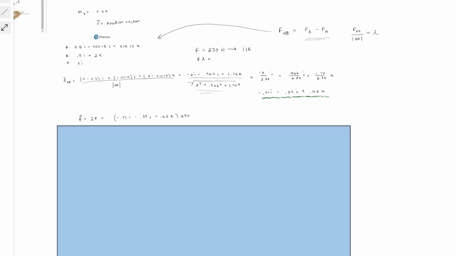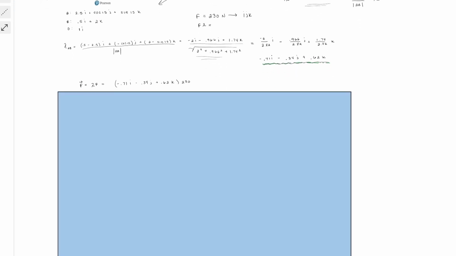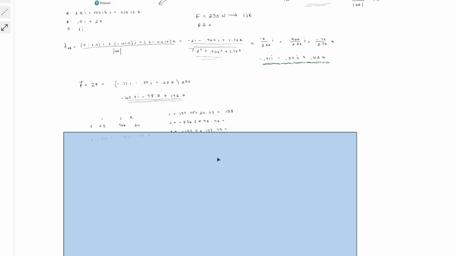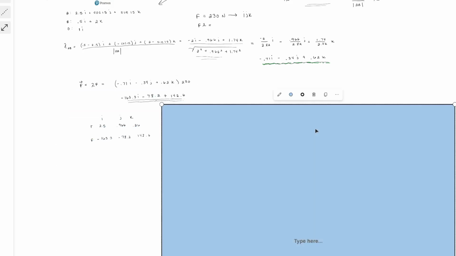Okay, which is called the lambda, or I think that's what it's called. But yeah, we multiply that to get an ijk form, and then the next step is to cross multiply. Okay, and remember, when you cross multiply, it's always R cross F, and yes, it does matter because it does make a difference.